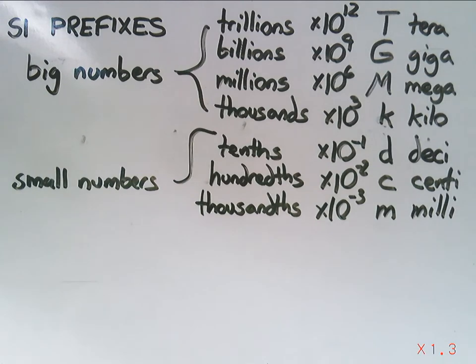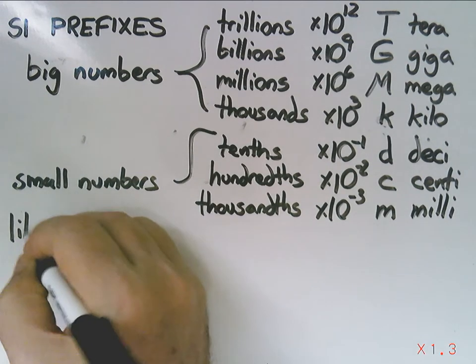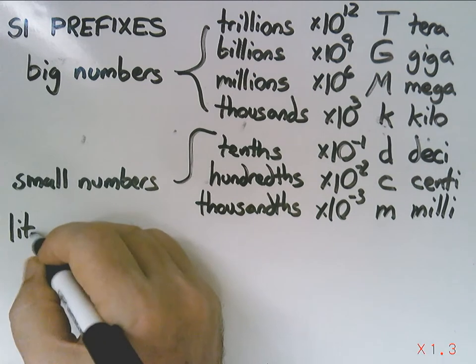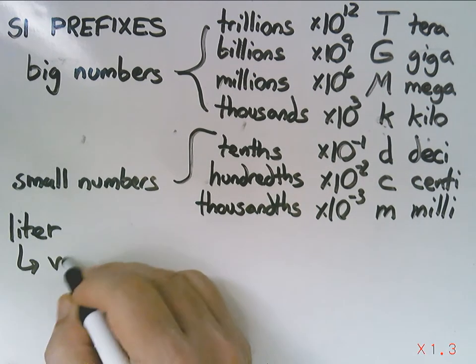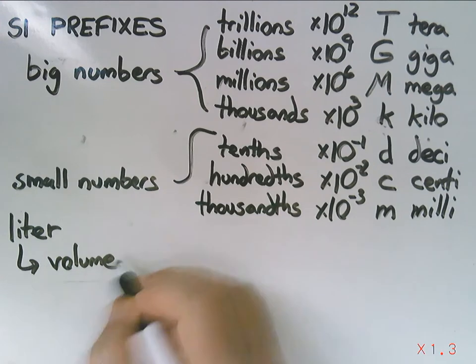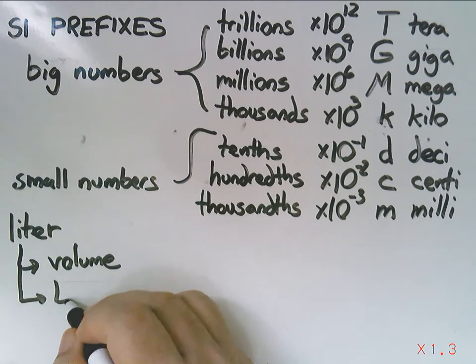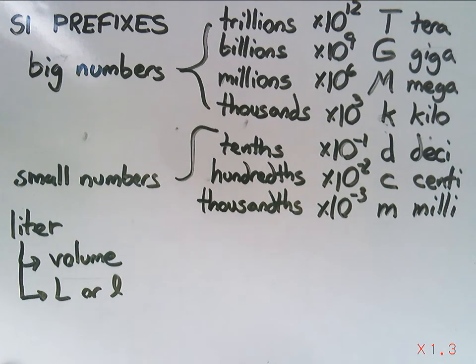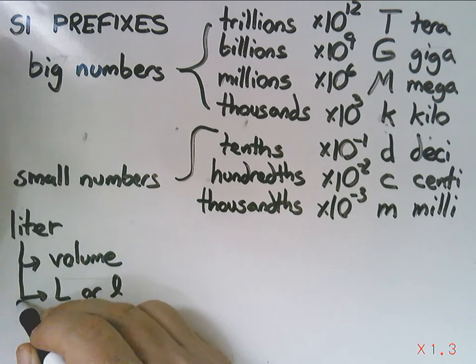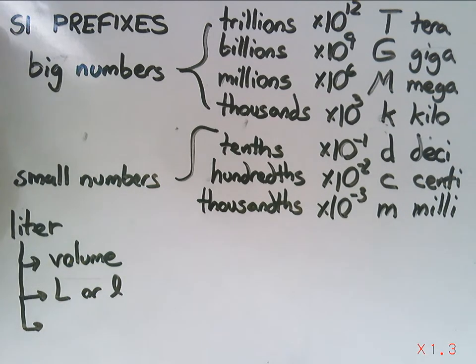Now I can go back to liter again and finish defining it for you. It's a unit of volume. Its abbreviation is either capital L, that's most common, or a lowercase l. Some people still use that. And here's its definition.